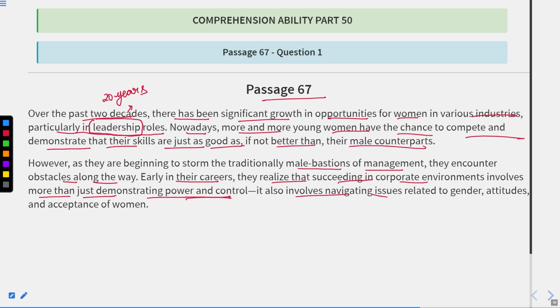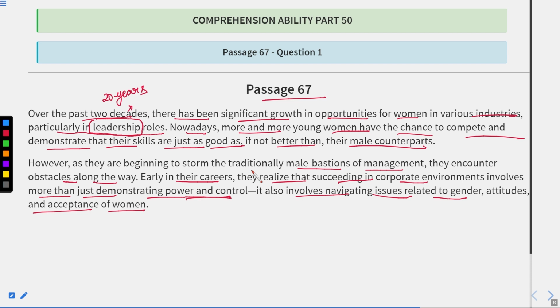It also involves navigating issues related to gender, attitudes, and acceptance of women. It means women should first accept that yes, they can manage well, and only after that can this be done. So this paragraph is about equality or inequality between men and women: nowadays, though women are getting many opportunities, it is yet not fully in the minds of people that women can lead well.